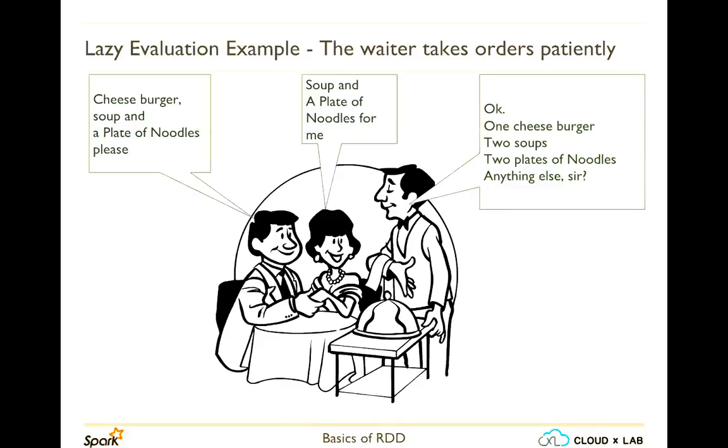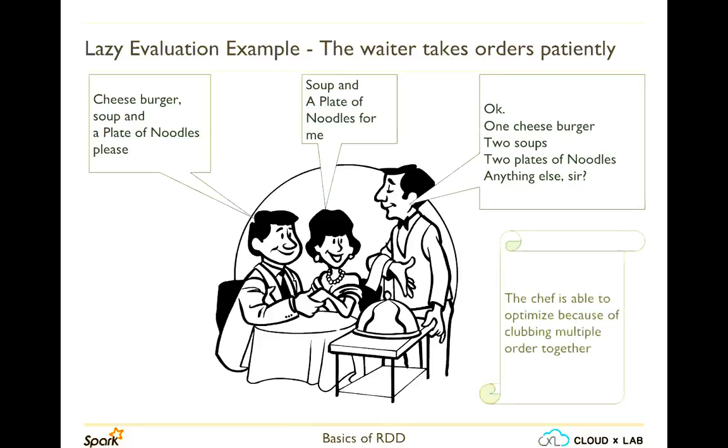And then once you say go ahead, the waiter optimizes the orders. Similarly, he can go to the kitchen and the chef can further optimize things, because there could be other people who wanted similar orders. So with lazy evaluation, a lot of optimization is possible, right?